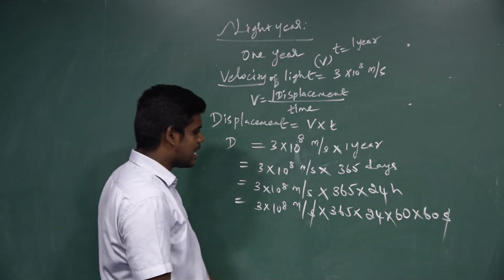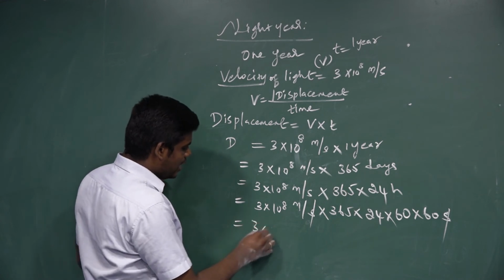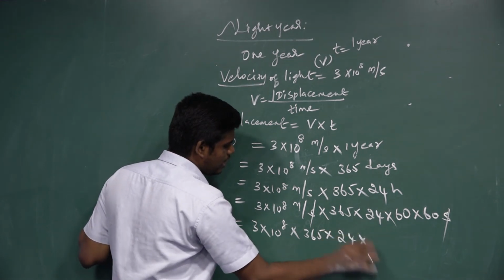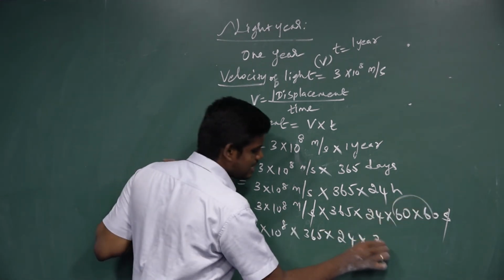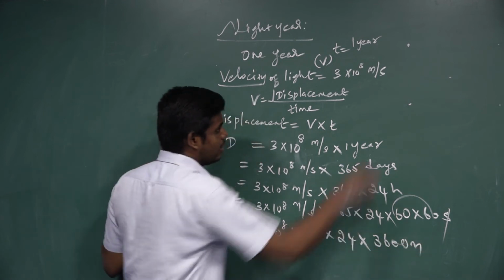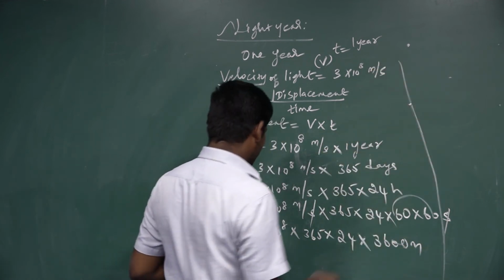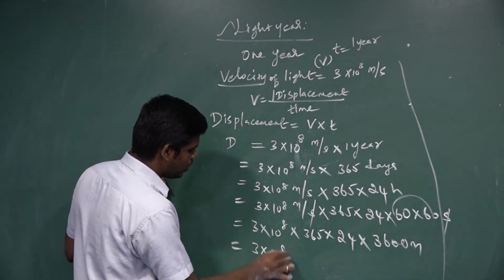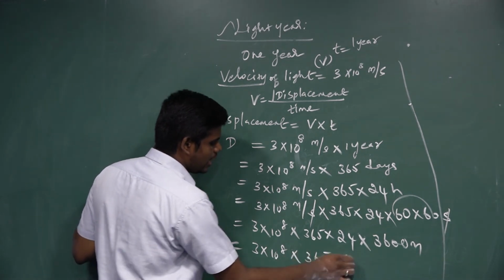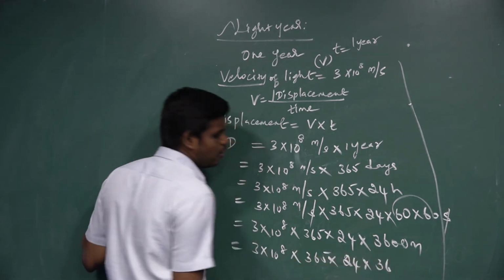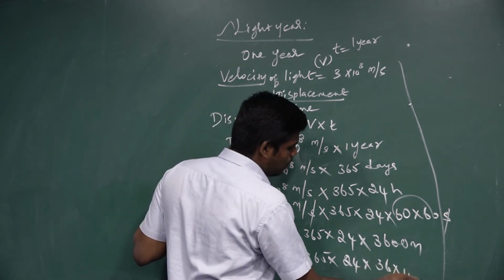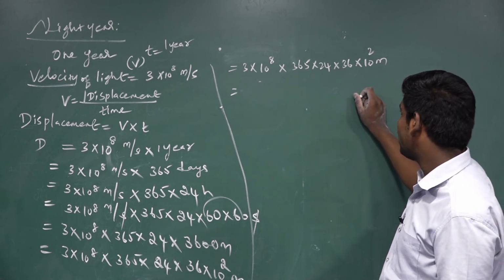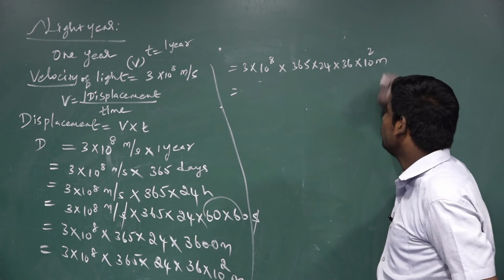Both the seconds cancel. After that we write 3 into 10 to the power 8 into 365 into 24 into 60 into 60, that is 3600, meter. 3600, how to write? 36 into 10 to the power 2 meter.